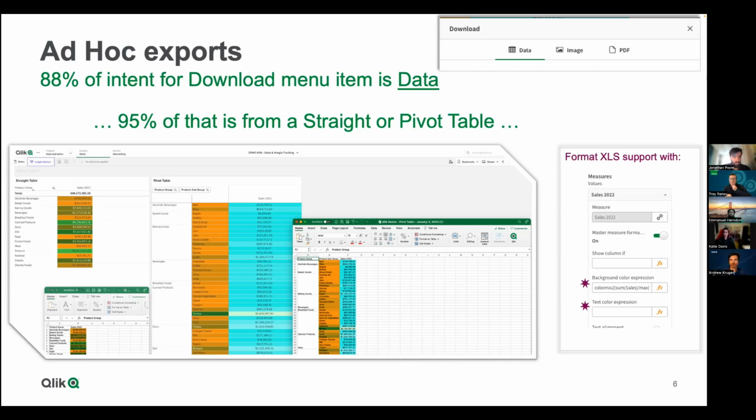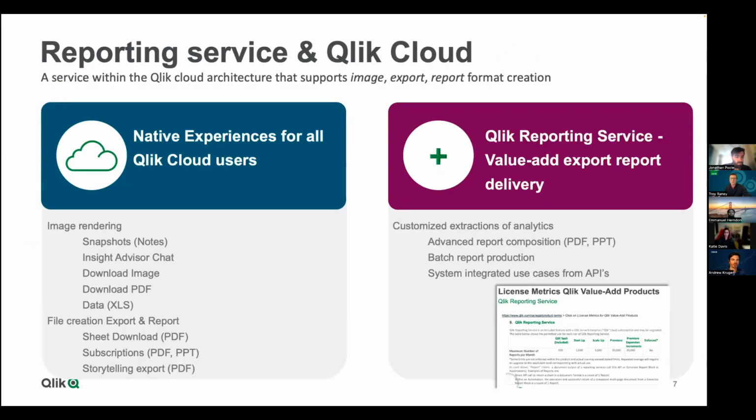Through Qlik Cloud in a Qlik Sense client, you can manually download data, and yes, formatting of straight tables and pivot tables, if you're using the background, text color, expression configurations, you will be able to retain that formatting as well. I know this is a common question I get, and most often that data export is related to straight and pivot tables. So we continue to enhance this capability over time as well.